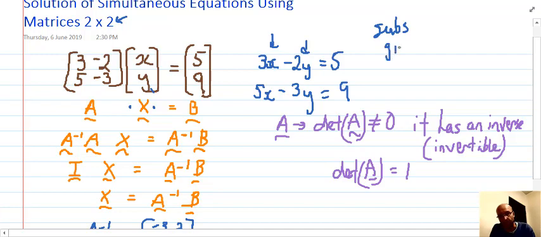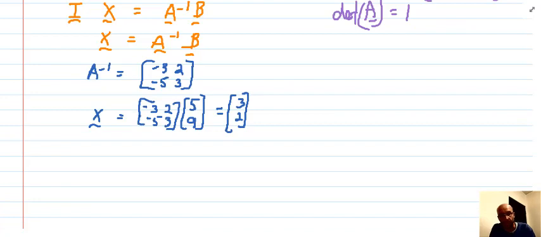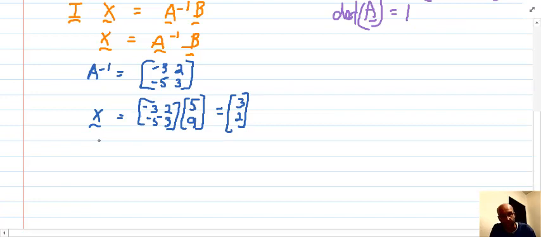You can graph on your graphics calculator, get the intersections, or use Desmos. You can do the whole elimination or substitution, solve it yourself, and you'll get the same results. So all that's left is for us to write, therefore, the solutions are X equals 5 and Y equals 9.